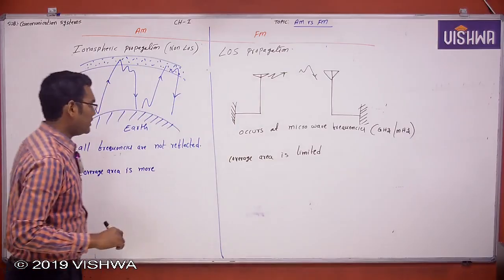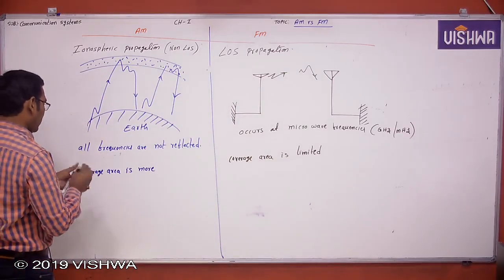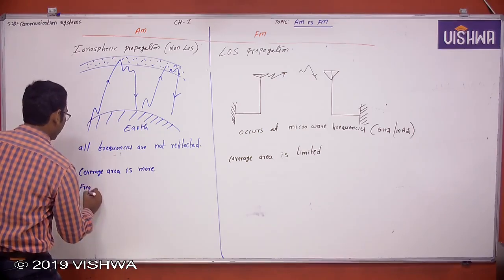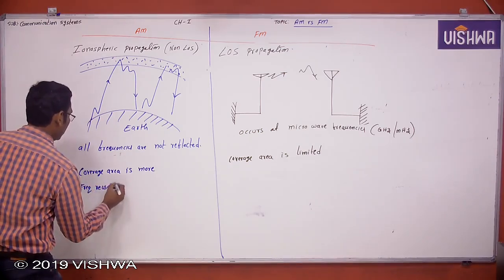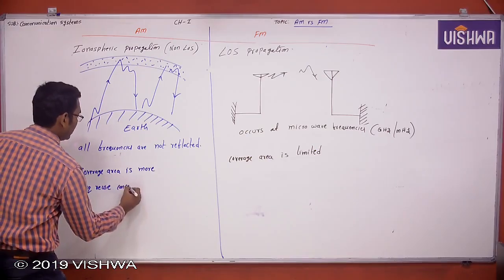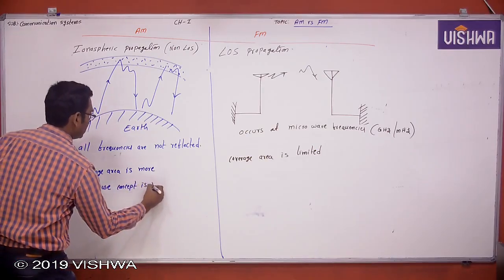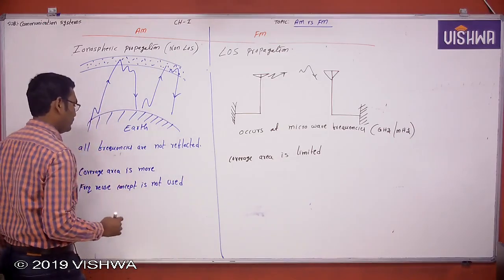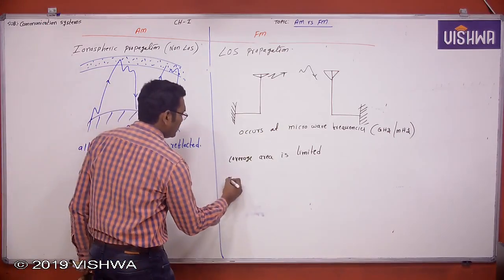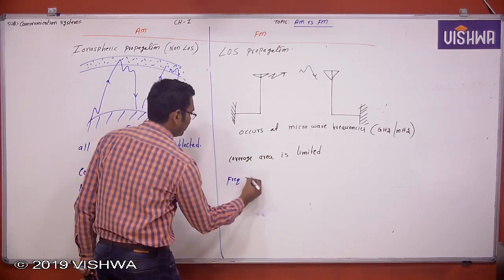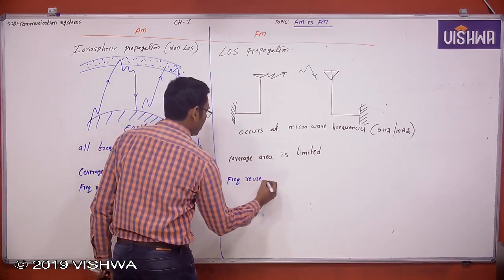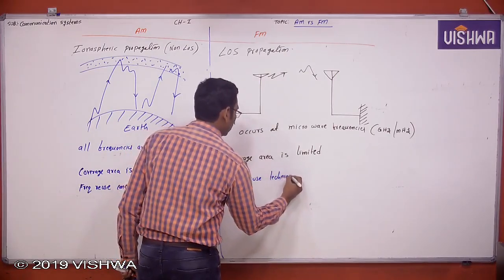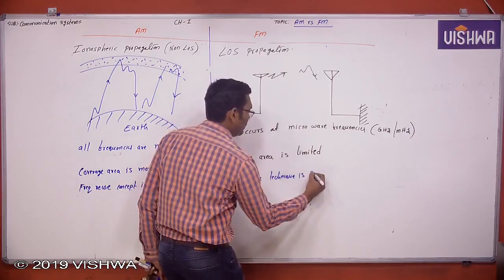But the disadvantage in ionospheric propagation is that the frequency reuse concept is not possible, while in line of sight the frequency reuse technique is possible.